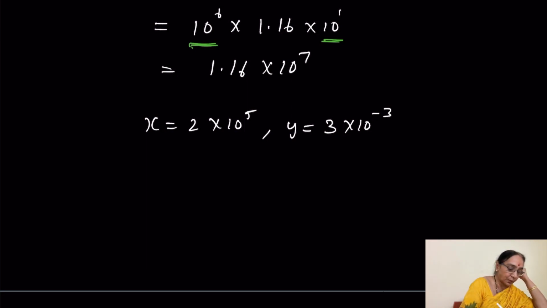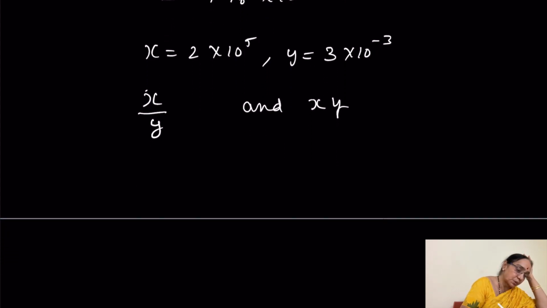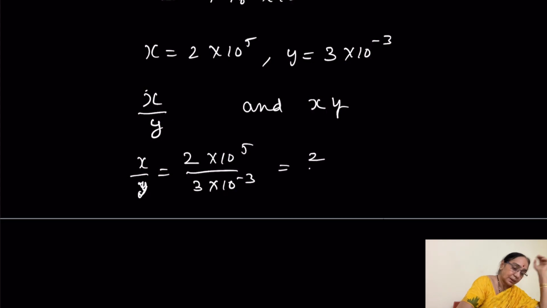I want you to calculate x by y and x times y. Now for x by y, it is 2 into 10 to the power of 5 divided by 3 into 10 to the power of minus 3. So that will be 2 by 3 times 10 to the power of 5 minus 3, quotient rule.